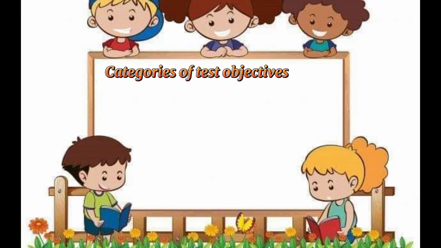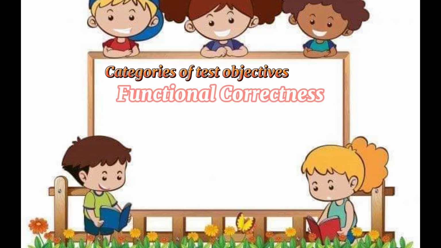So here are the categories of test objectives. First, the functional correctness. So it is a validation that the application correctly supports required business processes and transactions. So the list of all the business processes that the application is required to support. It is also the list of any standards for which compliance is required.